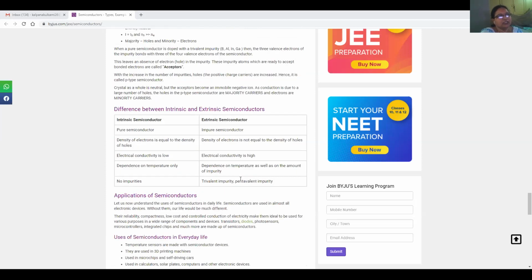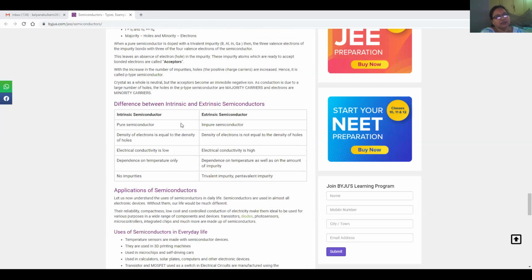Okay. And differences are, intrinsic semiconductor is a pure semiconductor, extrinsic is an impure semiconductor. In intrinsic, the density of electrons is equal to the density of the holes. Whereas in extrinsic semiconductor, the density of electrons is not equal to the density of holes.